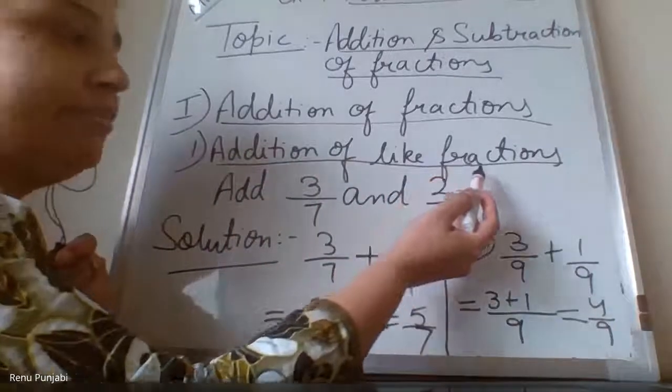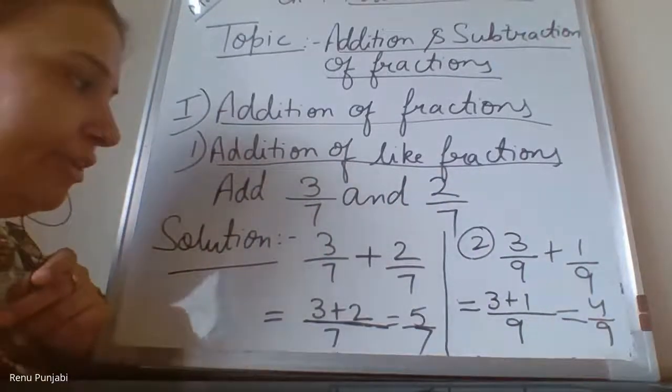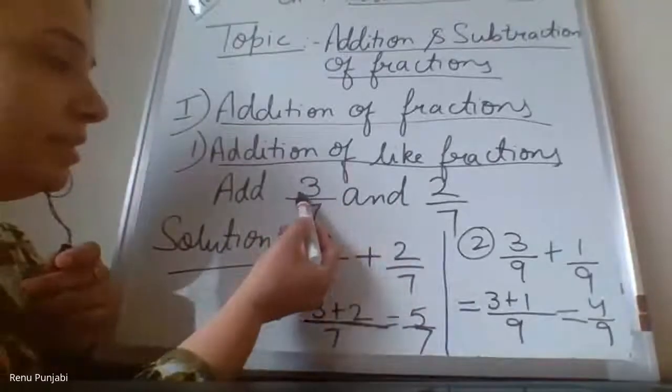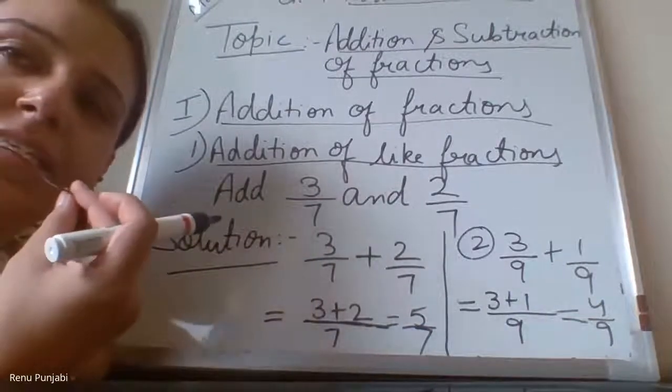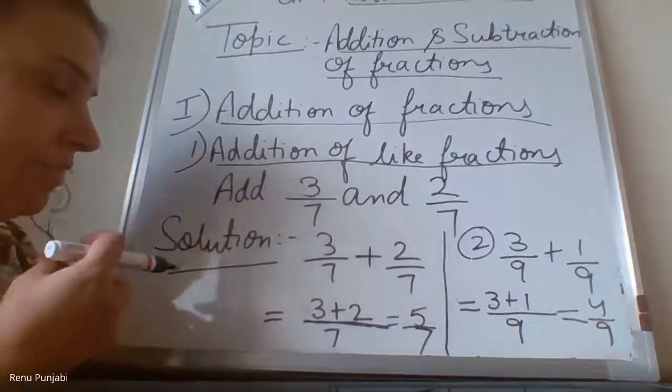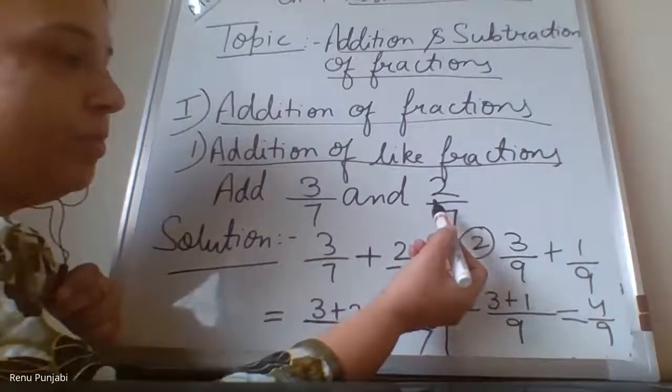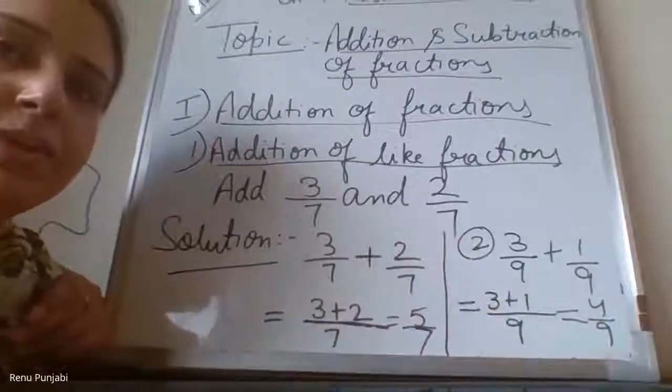Addition of like fractions. Addition of like fractions, like 3 upon 7. Like fractions, as you all know, are fractions which have the same denominator. Here we can see 3 upon 7 and 2 upon 7 have the same denominator.